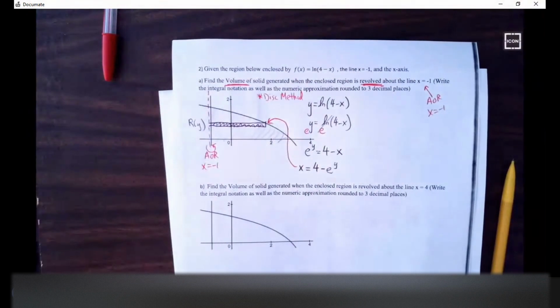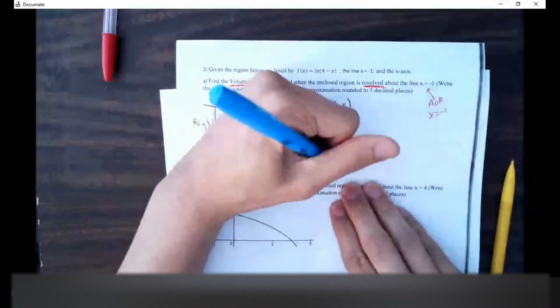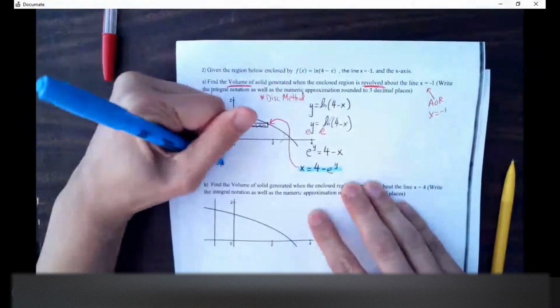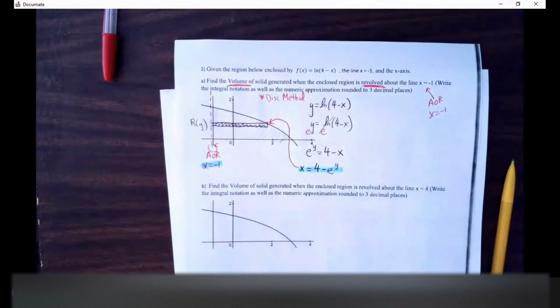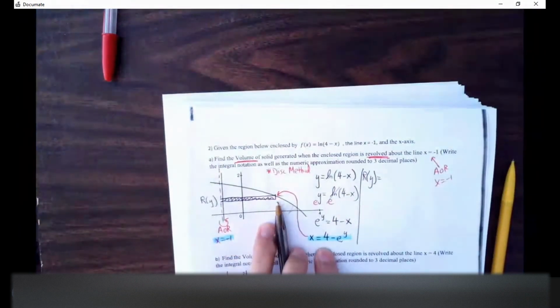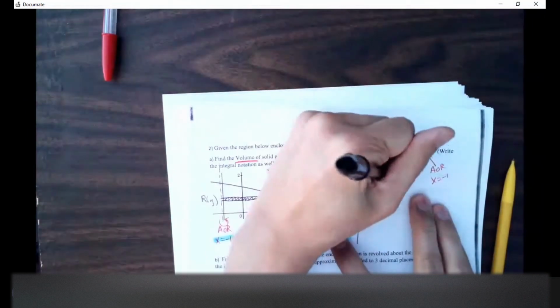All right, for this method, we only need two equations to build our radius, and we have the two equations. They're both in the correct form, both x equals. So we'll do right minus left. Right endpoint is sitting on the 4 minus e to the y, minus parentheses.